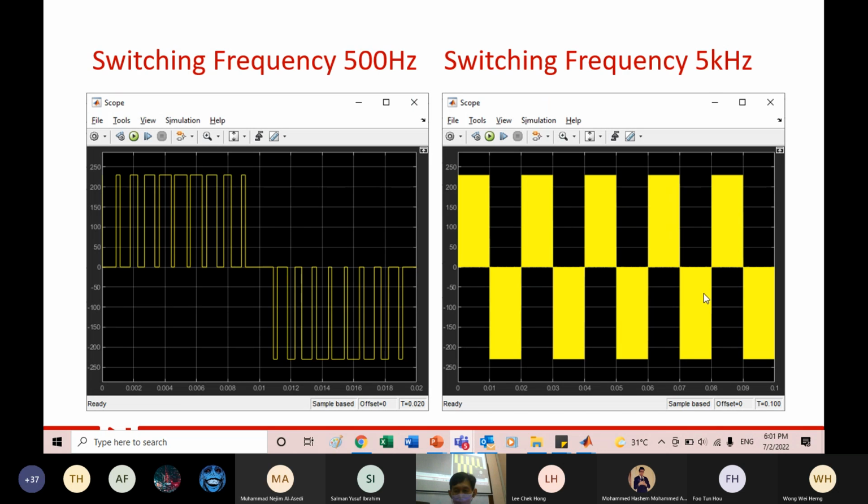For those who already worked this out, you should be able to see the difference between a lower switching frequency and higher switching frequencies, all right? So these are all in MATLAB Simulink. But if you consider doing this in hardware, you will need to learn 2 things.